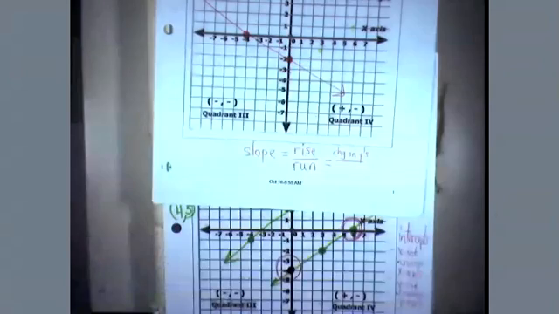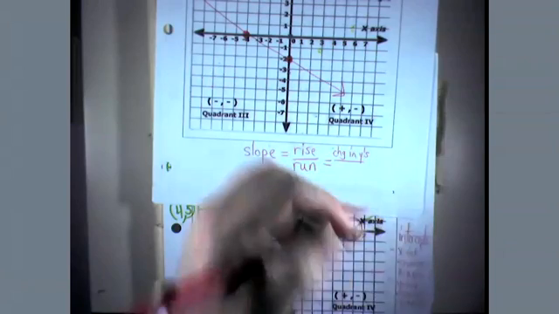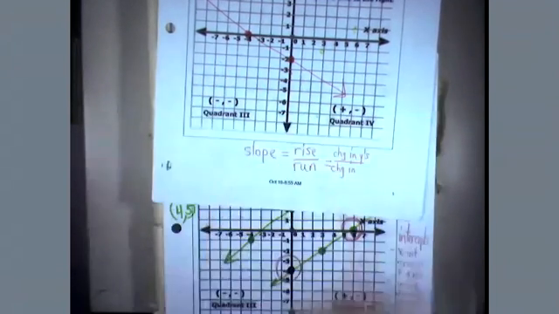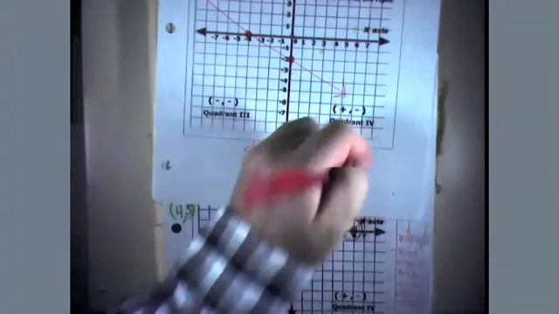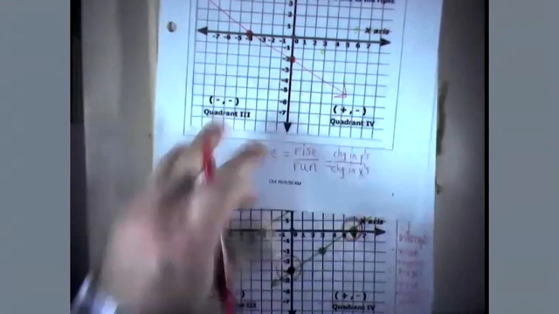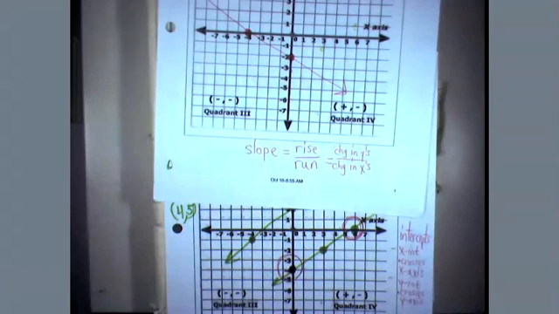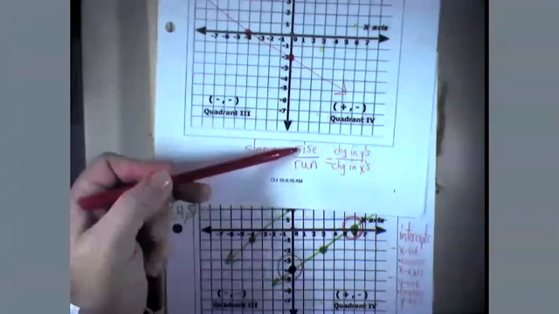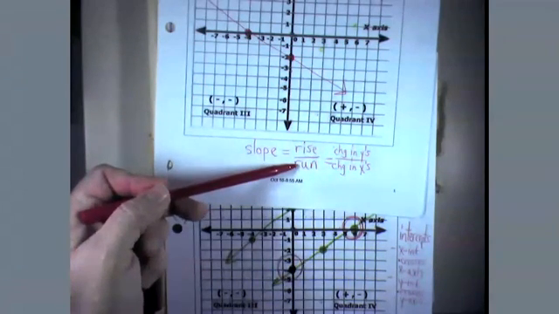And the run part means you're running left to right, so that means the change or the difference in x's. So that's by definition what the slope is. It describes how the line behaves. Again, rise, which is the y, and the run, which is the x.